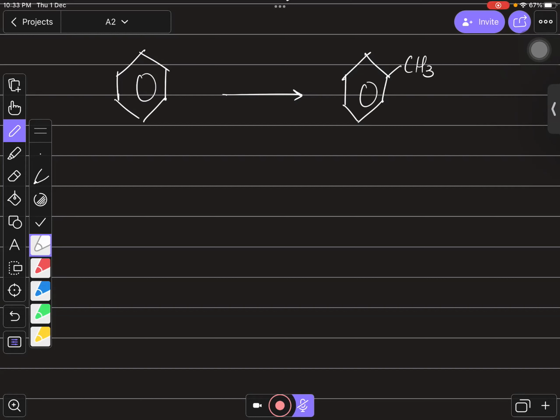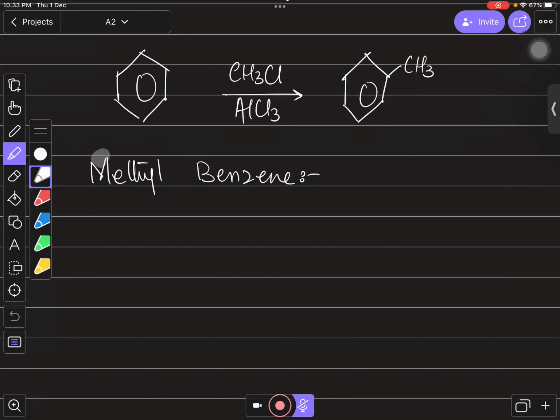We know that we should have methyl chloride along with AlCl3. So it will form what? Methyl benzene, right? So our new thing to talk about is methyl benzene. This is our new arene that we need to discuss next, right, bacho? Yes, sir.